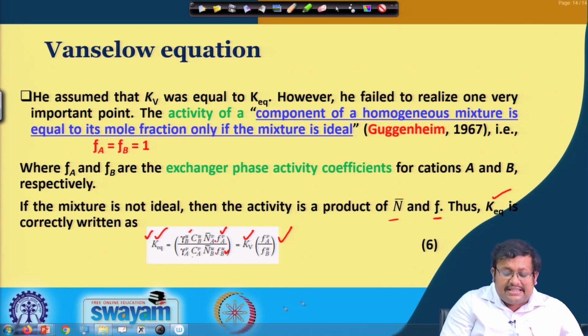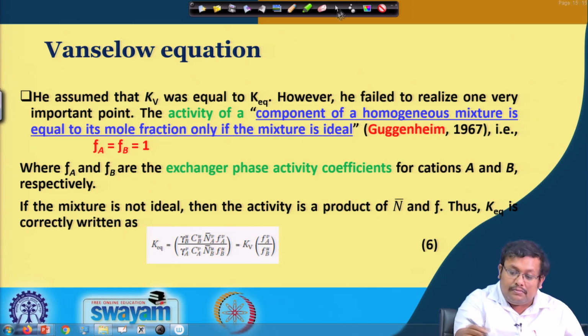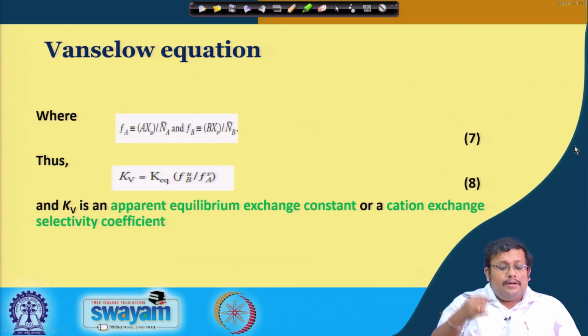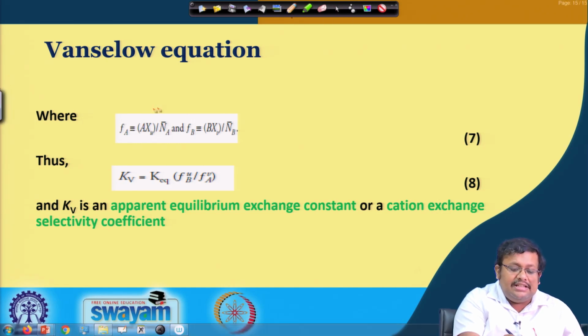So, this is how you can simplify: Keq equals Kv multiplied by the ratio of exchanger phase activity coefficients. Where these Fa and Fb, we know, will take these two forms. So, ultimately, the Vanselow coefficient Kv will be equal to Keq multiplied by Fb by Fa.